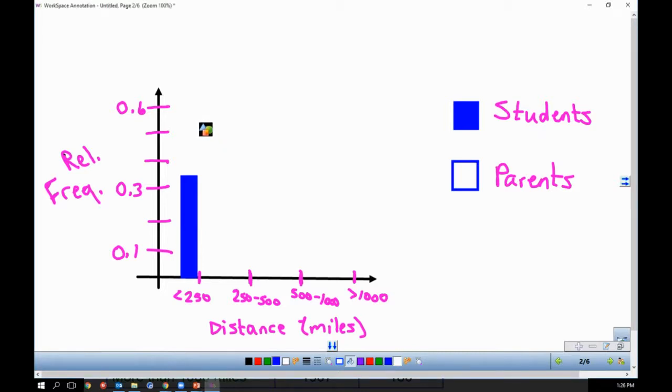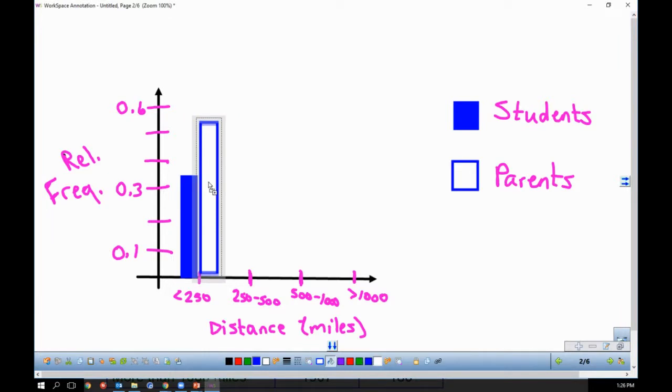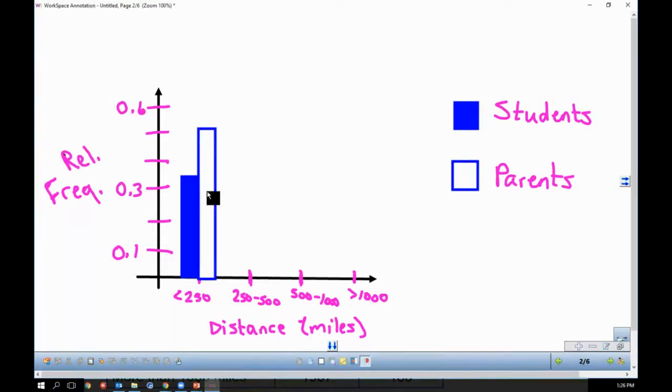Parents is 0.53. That's not good enough. Then we said 0.31.